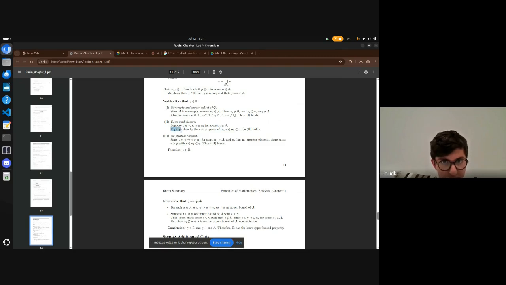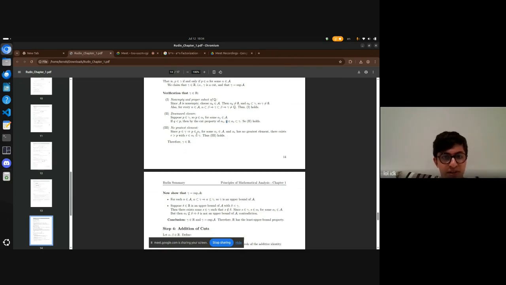If q is less than p, then by the cut property of A1, q is in A1, which is a subset of gamma, so two holds. No greatest element: since p is in gamma, p is in A1 for some A1, and A1 has no greatest element, so there exists r greater than p. I think these are self-explanatory.